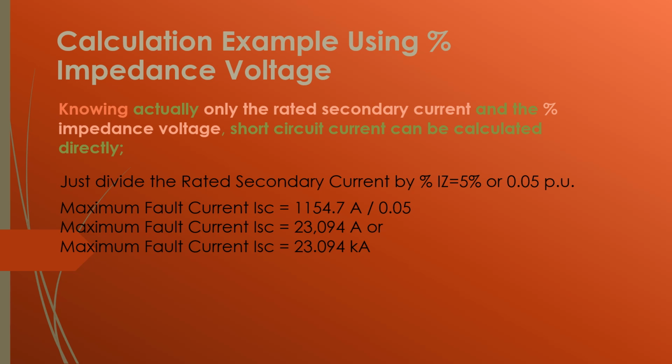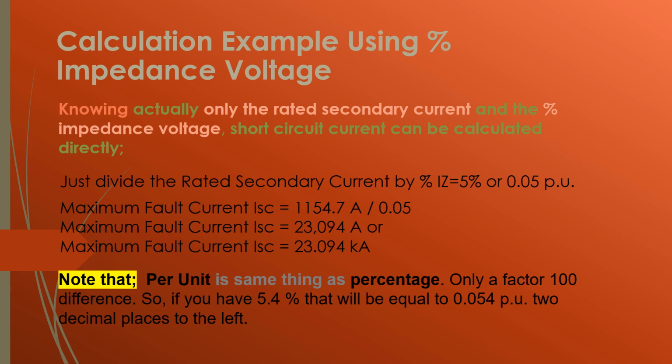So maximum fault current I short circuit equals the rated secondary current, which is 1154.7, divided by 0.05 per unit. So we get here 23,094 amperes, or 23.094 kiloamperes.